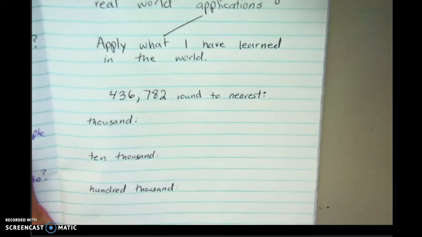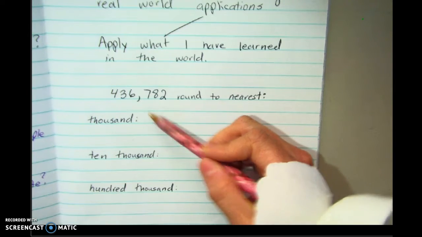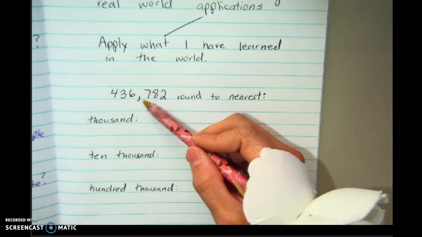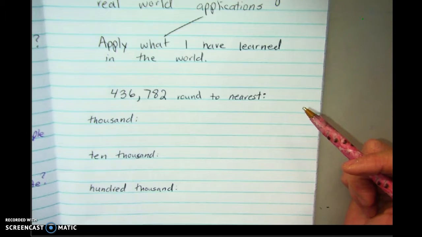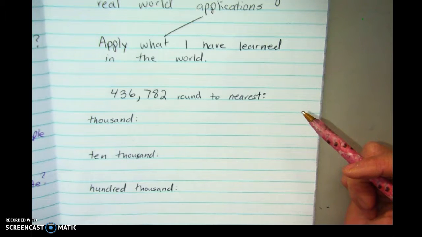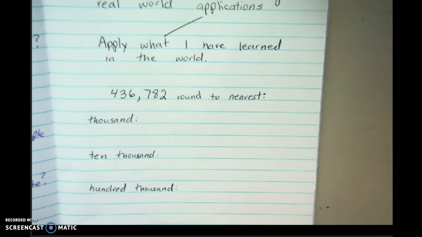Now, what I see you guys do when you get these problems is I see you look at the problem, you say 1,000, and you immediately start working right up here. What is the first strategy? Everybody should tell me. Write down the number, right? So when I'm rounding, we're going to write down the number.